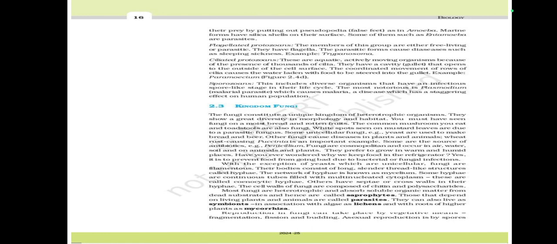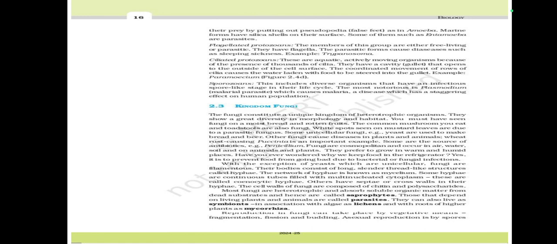Those that depend on living plants and animals are called parasites. They can also live as symbionts in association with algae as lichens and with roots of higher plants as mycorrhiza.